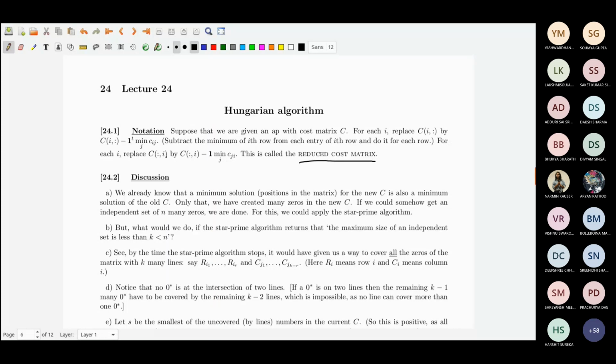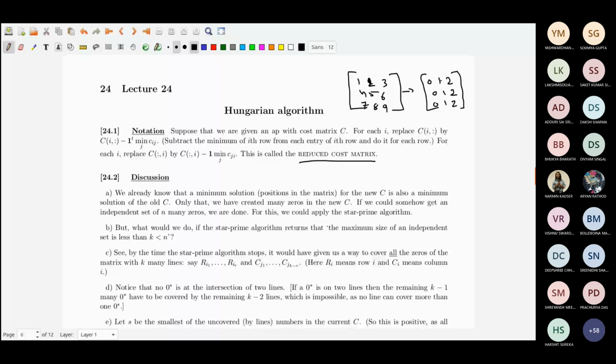Now here, suppose you have been given a matrix like 1, 2, 3, 4, 5, 6, 7, 8, 9. What it says, you first subtract the minimum of each row from that row. So then you will have 0, 1, 2, 0, 1, 2, 0, 1, 2, and then subtract the minimum of the columns from each column.